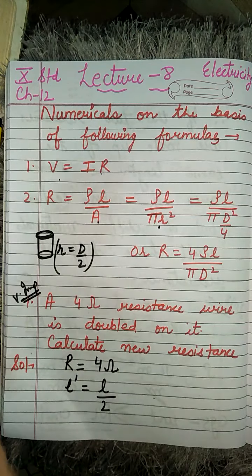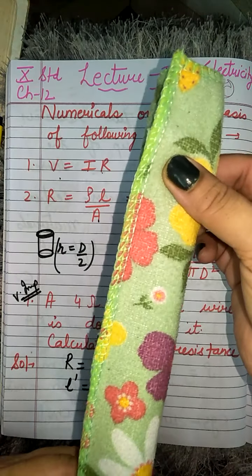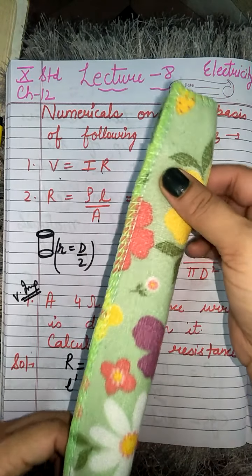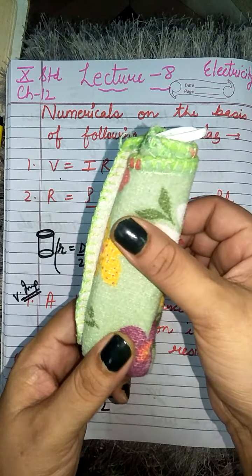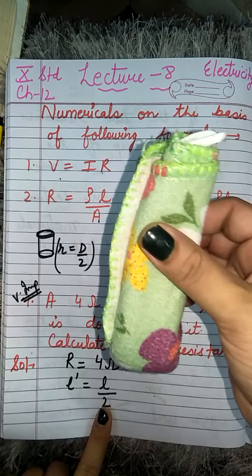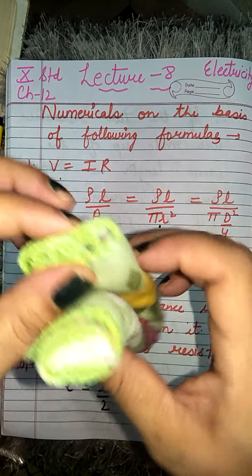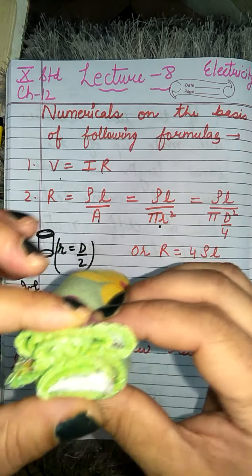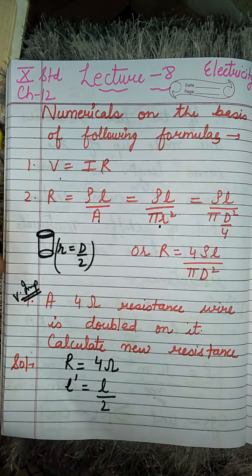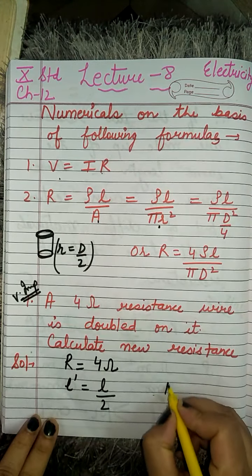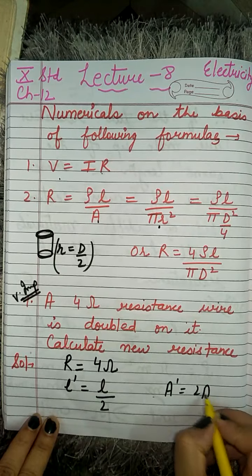Again I am repeating, this is a 4 ohm wire, and it is doubled this way. So its length has become half. Now the area of cross section has become double. I hope you are getting it. So the new area will be doubled.